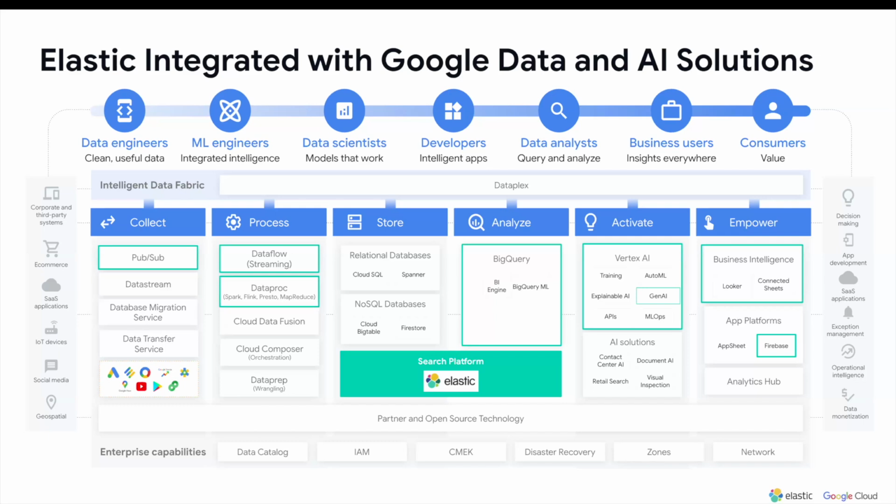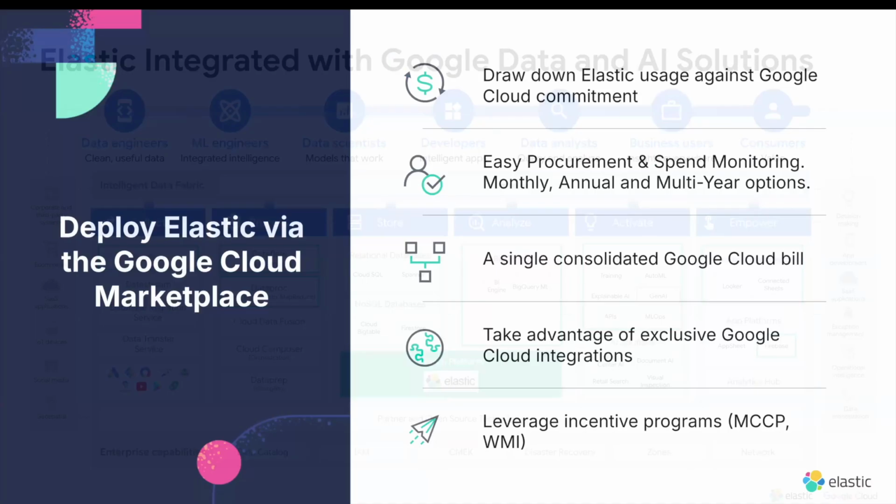So if you have data sitting in your data warehouse like BigQuery, and you want to take advantage of Elastic's sophisticated search algorithms, you can easily move the datasets using Dataflow and Apache Beam pipelines to Elastic with low code or no code, and take advantage of such solutions.